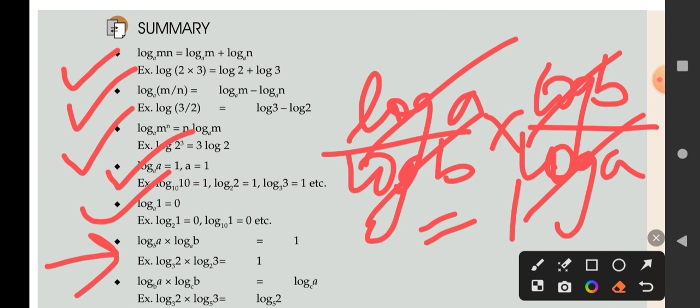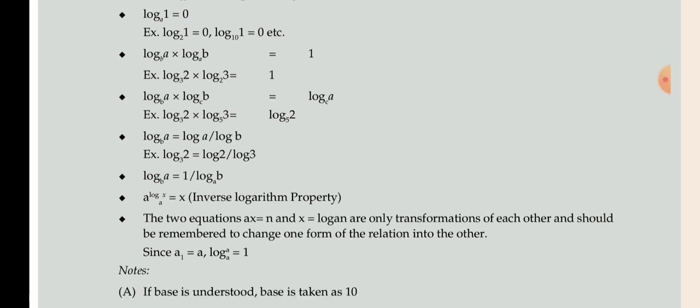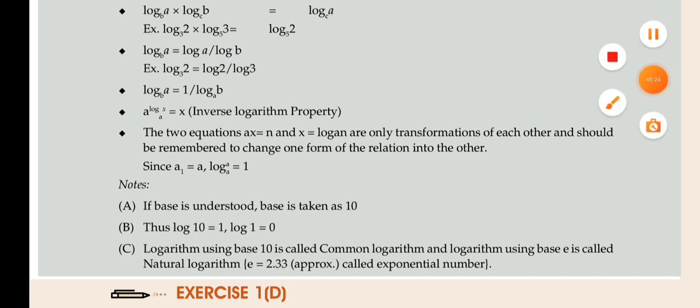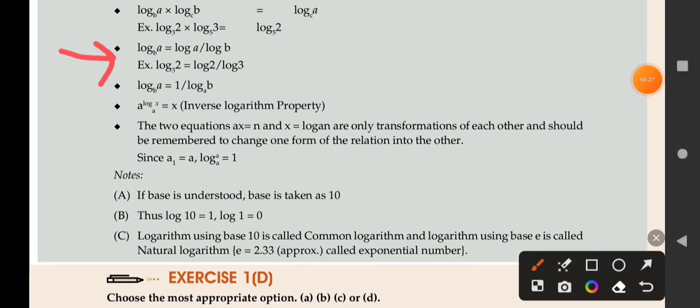Similarly, log a to the base b and log b to the base c, so b gets cancelled, you get log a to the base c, correct? This is how you can expand. Log a to the base b means log a divided by log b, okay? Or else you can also write it as the inverse, 1 divided by log b to the base a, okay?